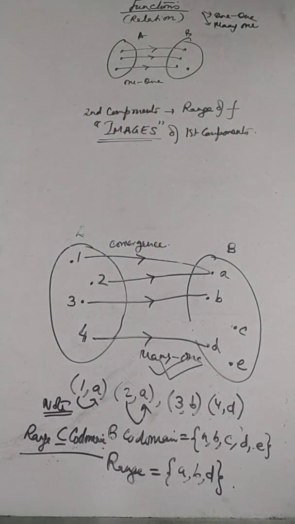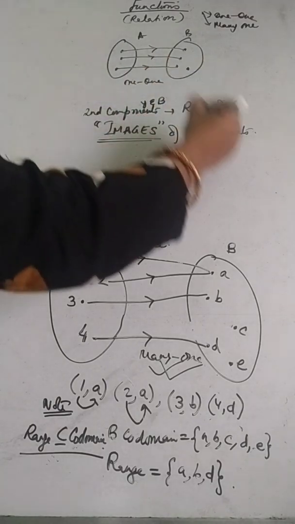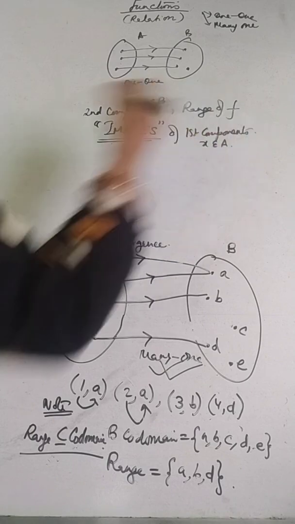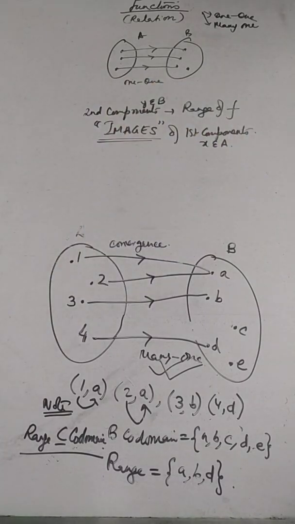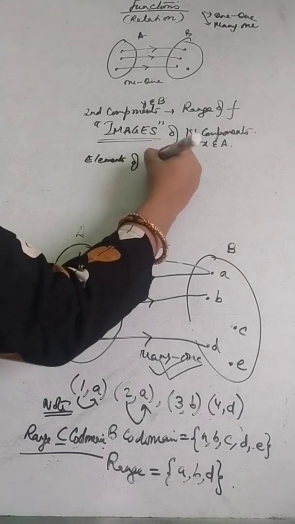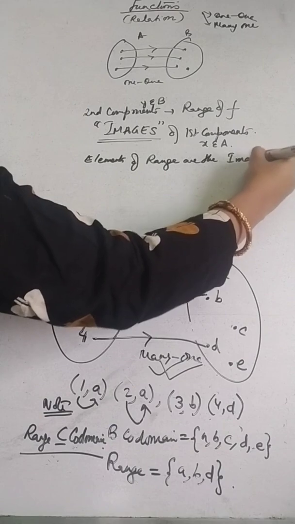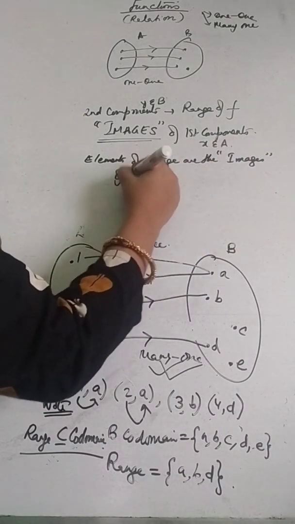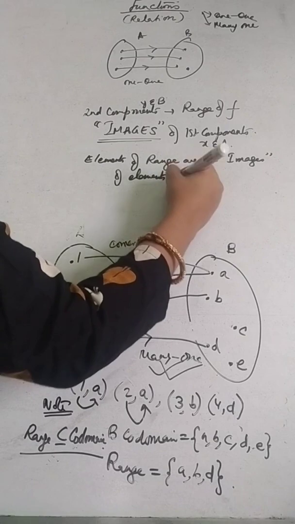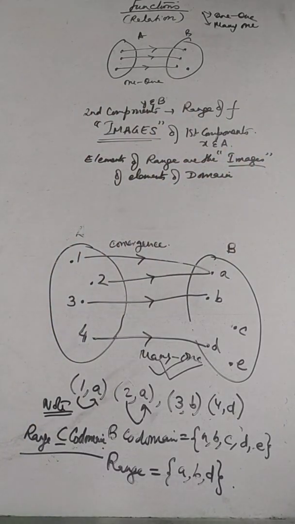The second components, that is y, which belongs to B, are supposed to be images of the first components of the domain. That means elements of the domain, I think I'll write that in words. Elements of range are the images of elements of domain.